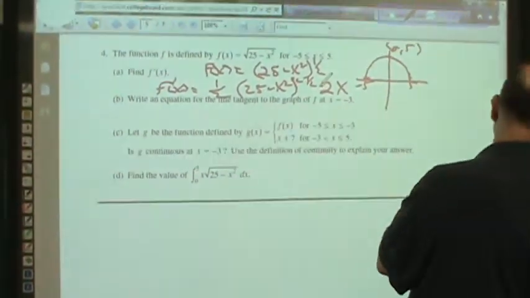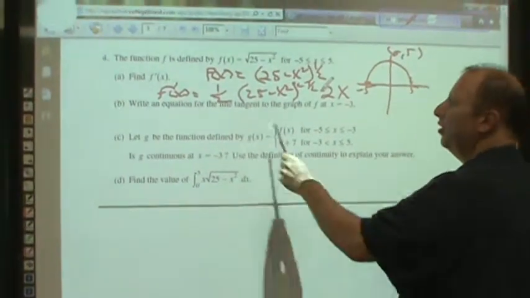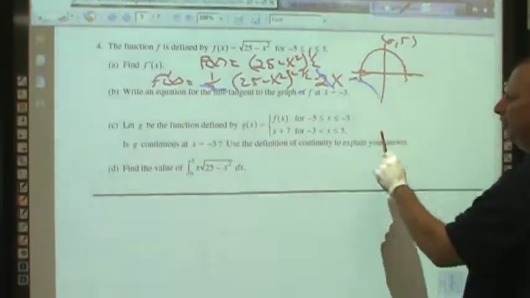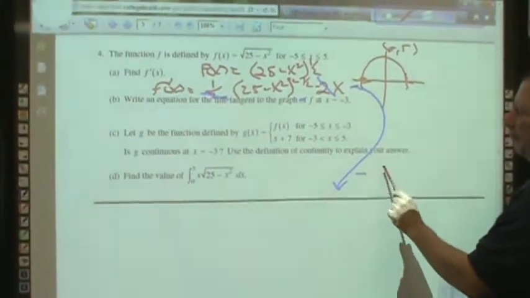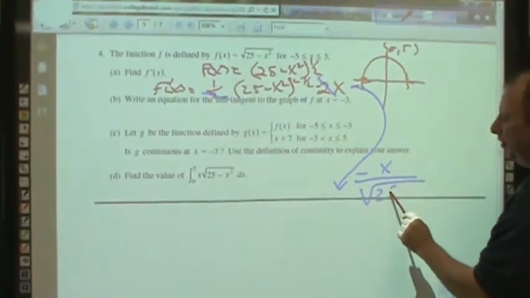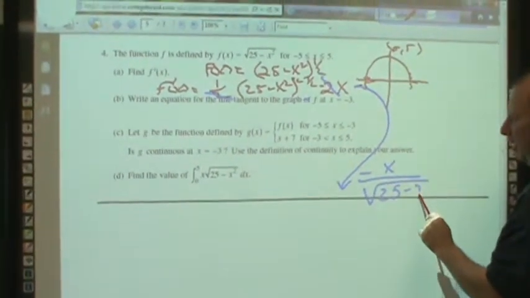Now we simplify it, and we have negative x over the square root of 25 minus x squared.